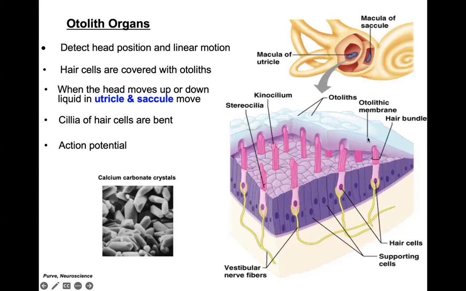It's a thin membrane that is filled with crystals, more specifically calcium carbonate crystals, okay? We call this calcium carbonate crystal on the membrane otoliths, the stones on this membrane. So there is the otolith membrane and the otoliths, which are the crystals, okay?